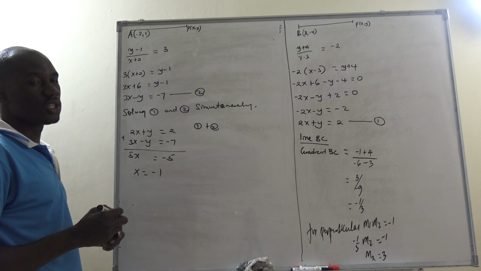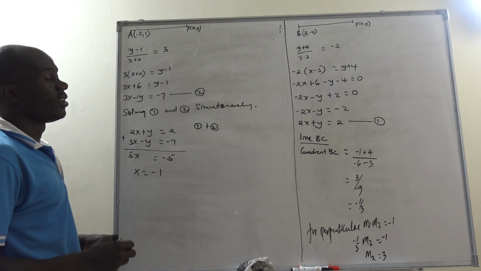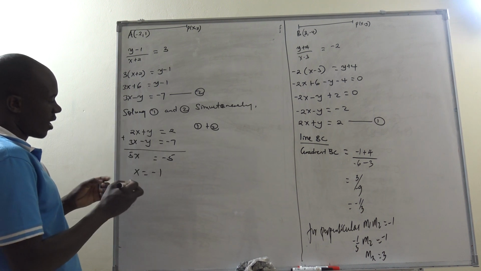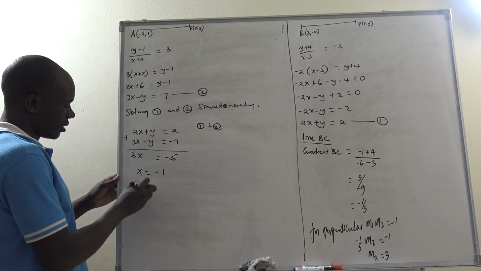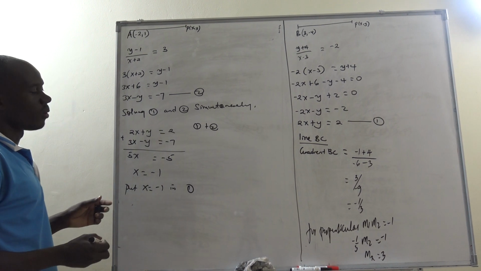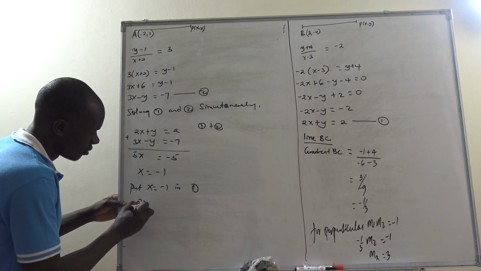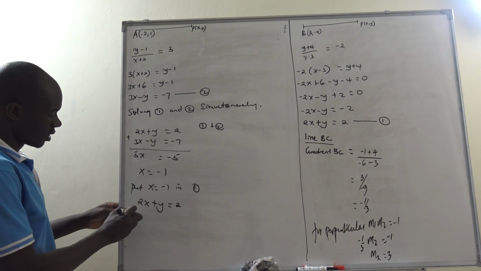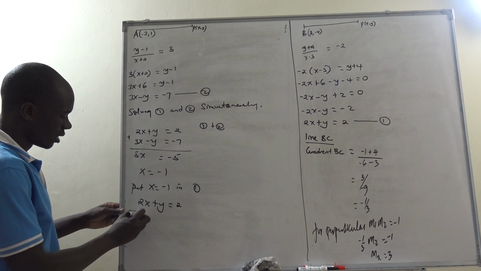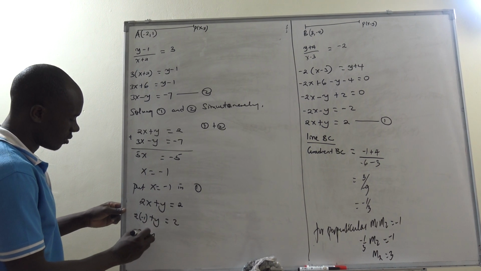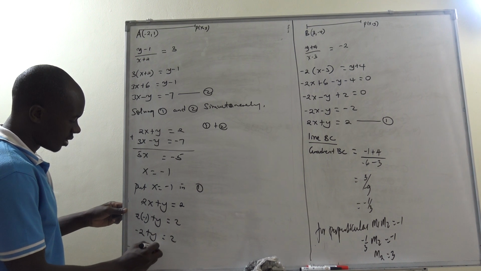After coming out with x equals negative 1, we are free to substitute in any equation to obtain the value of y. You can put x equals negative 1 in equation 1. What is equation 1 saying? 2x plus y equals 2. We know x, so 2 into negative 1 plus y equals 2. We are getting negative 2 plus y equals 2. So what is y alone?